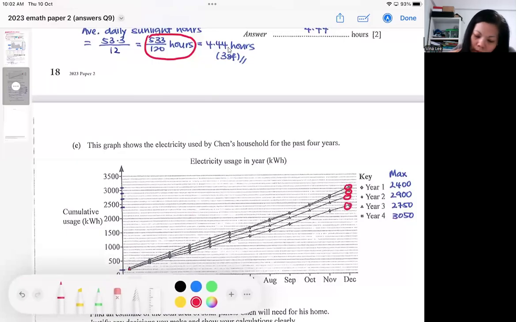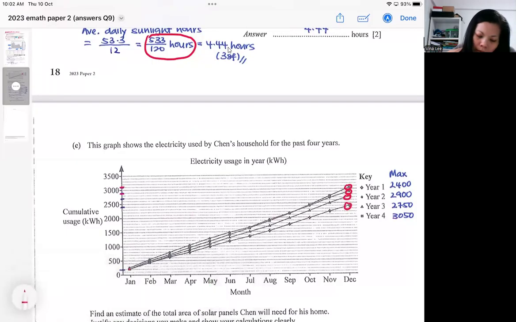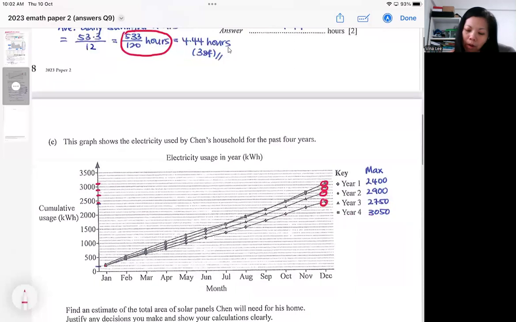You need your ruler to read the fall amount. In each year, I'm going to factor in the highest to ensure that I will have enough. Of course, we will not be using the lowest. If your solar panel can cater for the lowest, that doesn't mean it can cater when you need a lot.